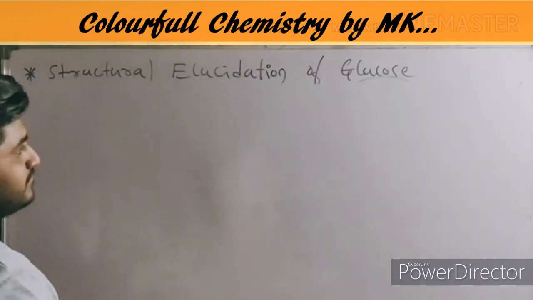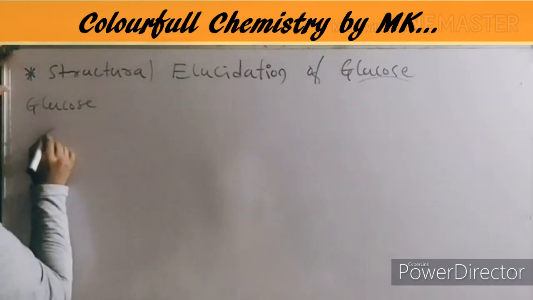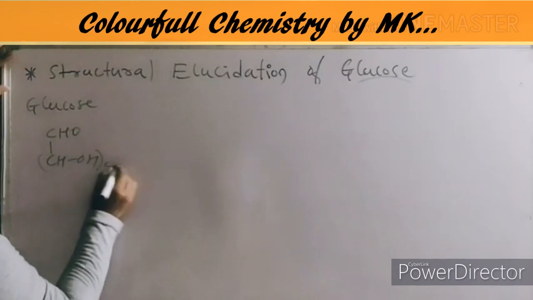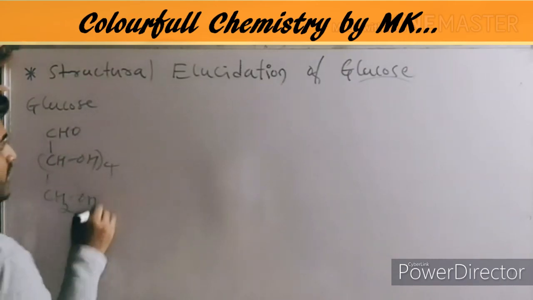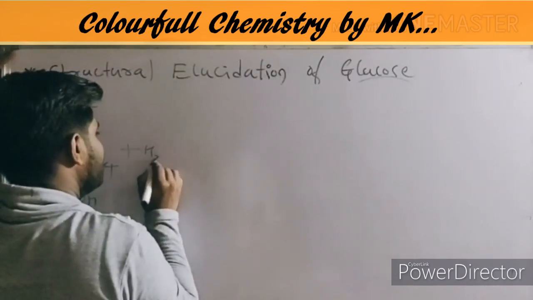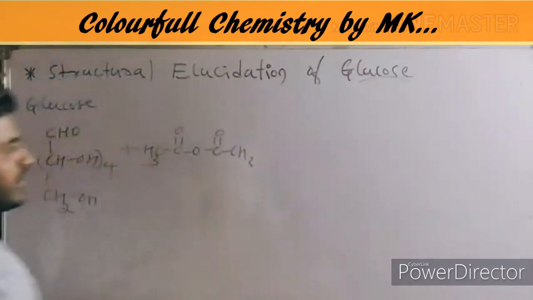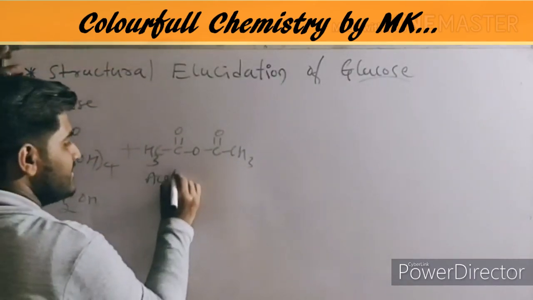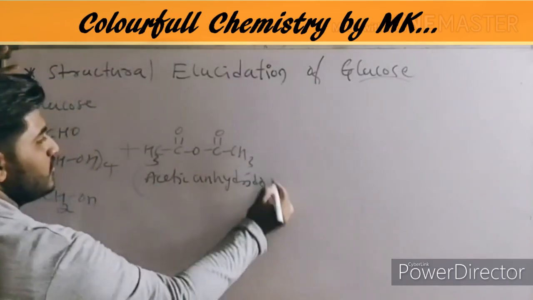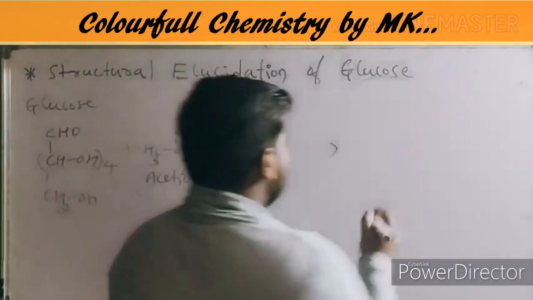Look here, next one. This is glucose. Now you know this is an aldehydic group, and the rest is the remaining part of glucose. When you add acetic anhydride, this one is your acetic anhydride, to glucose, we get a pentaacetyl derivative.